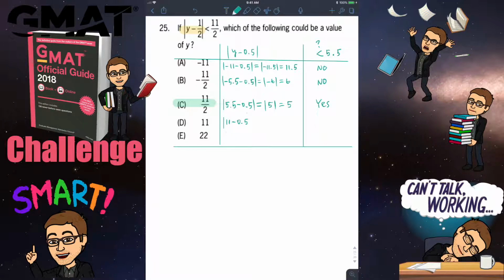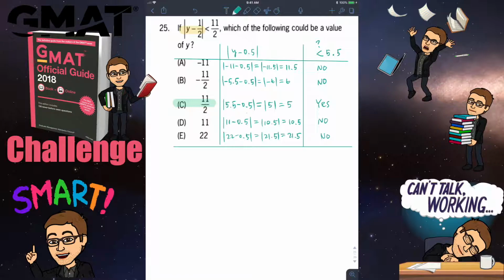Absolute value of 11 minus 0.5, which is the absolute value of 10.5, which is 10.5. 10.5 is not less than 5.5, so indeed it's incorrect. The last one, absolute value of 22 minus 0.5, which is equal to absolute value of 21.5, which is 21.5, and this is definitely not less than 5.5, so also not going to be the answer. There we have it. C is our answer.